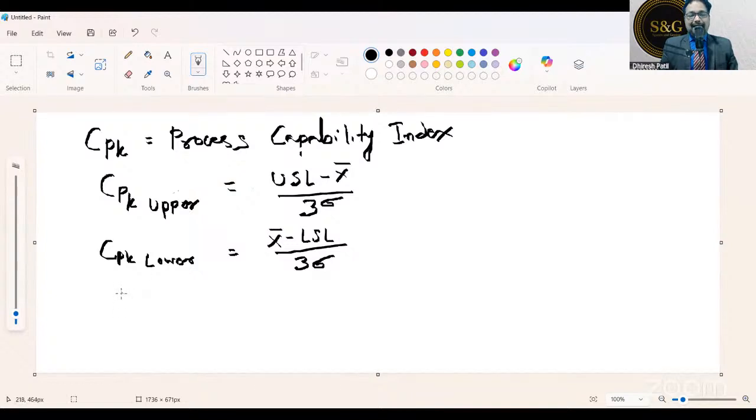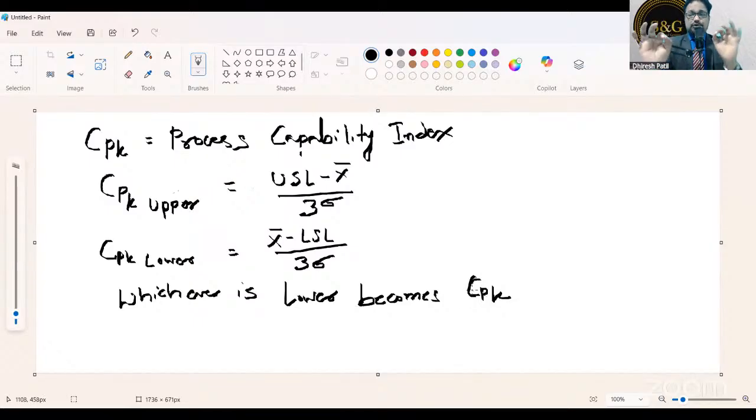Okay, and whichever is lower becomes CPK, which is the process capability index, which is the actual process capability. CP becomes the potential process capability and CPK becomes the actual process capability.